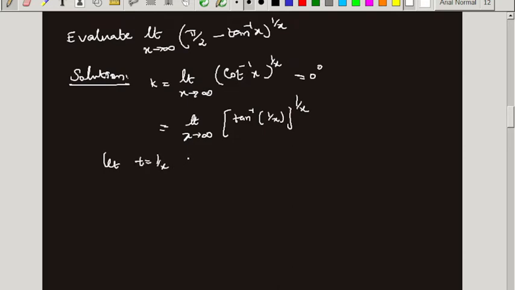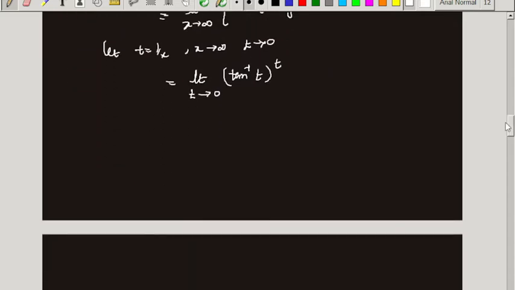So when x is infinity, t tends to 0. So here we can write this as limit t tends to 0, tan inverse of t whole power t. So here we get 0 power 0 once again.